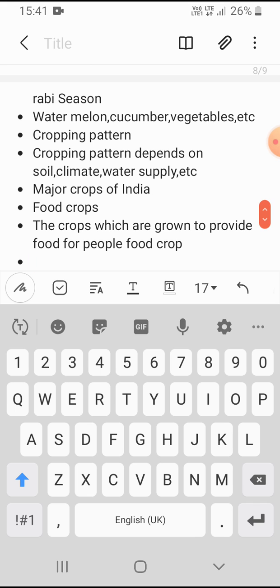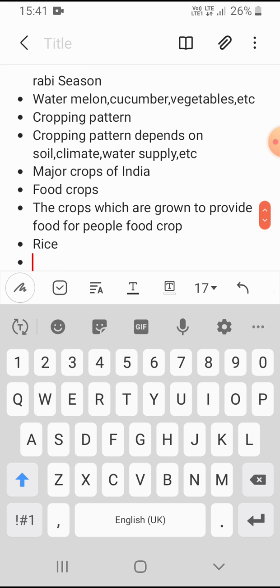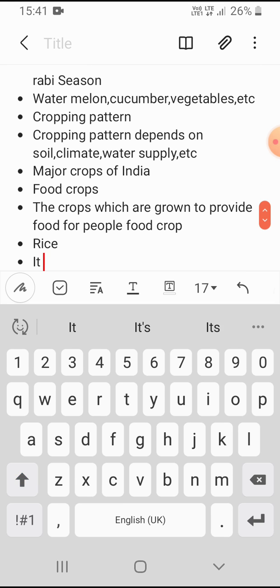In that, let's know about rice, as it is the most important crop for India, as every person in India eats rice daily.